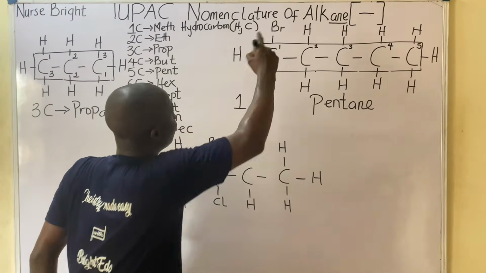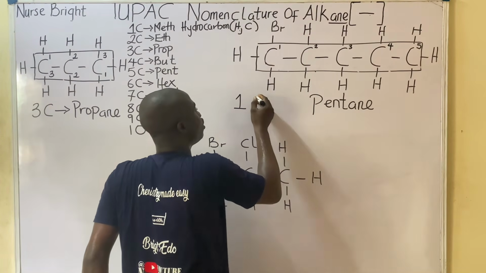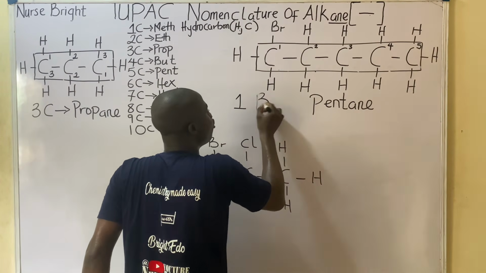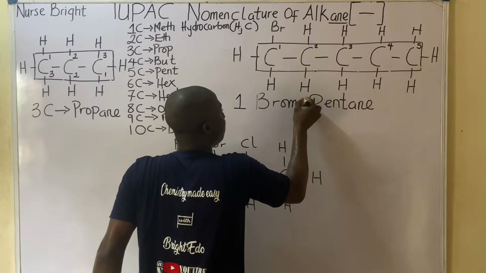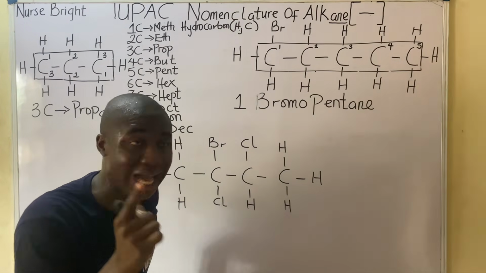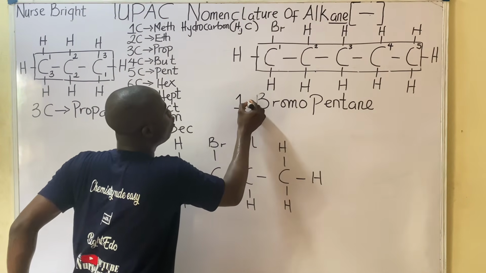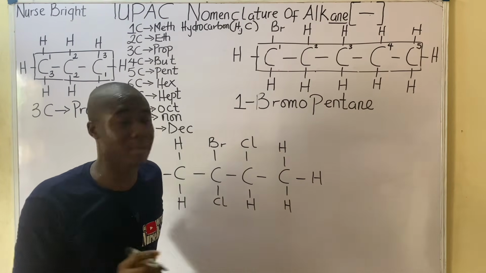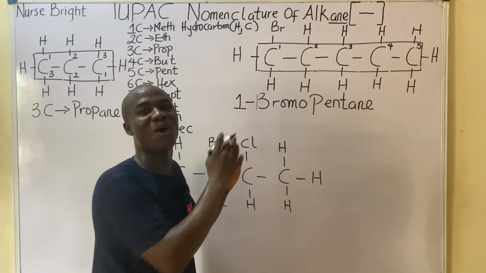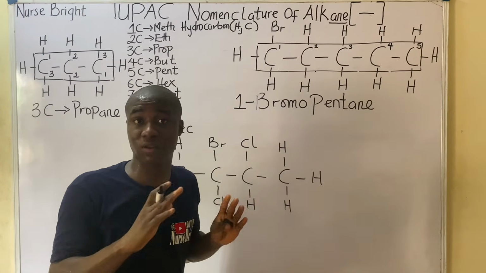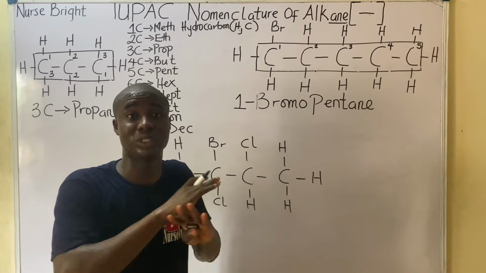Do you understand? So it's going to be 1-bromopentane. But please note, between numbers and letters, we use a dash to separate them. So this is the name of this compound. I believe it's actually very easy. It's not difficult at all.